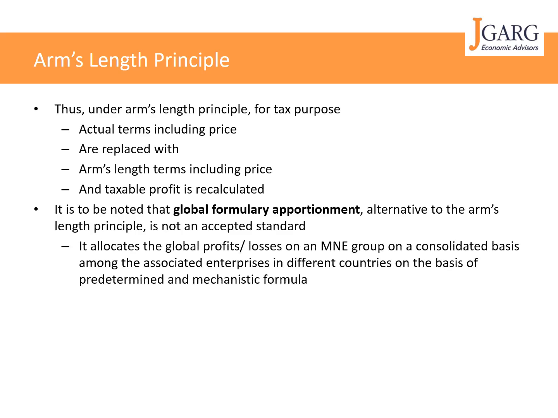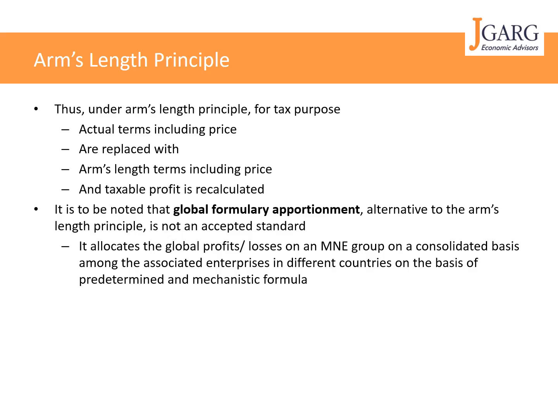wherein you allocate the global profit or losses of an MNE group on a consolidated basis among the associated enterprises in different countries on the basis of a predetermined and mechanistic formula. That is, let's say if the total profit of the group is 1000, you tend to divide this 1000 in different jurisdictions based on some formula.